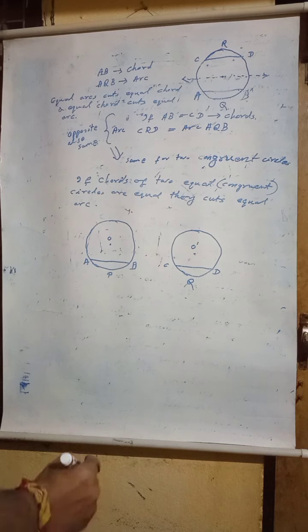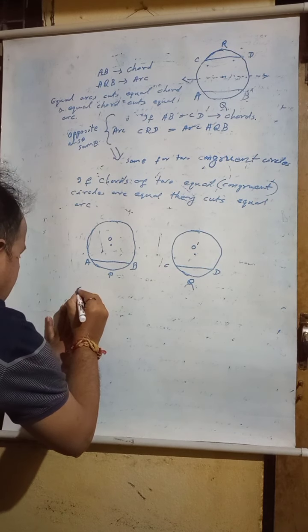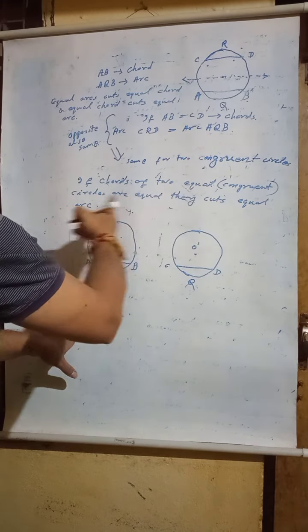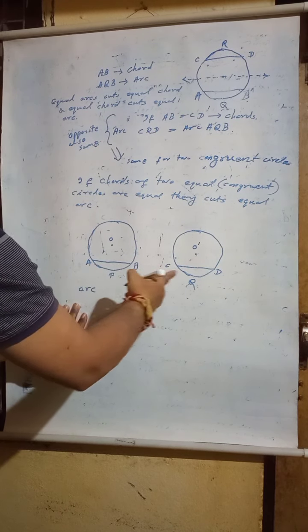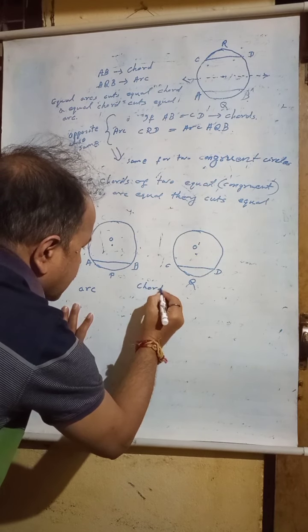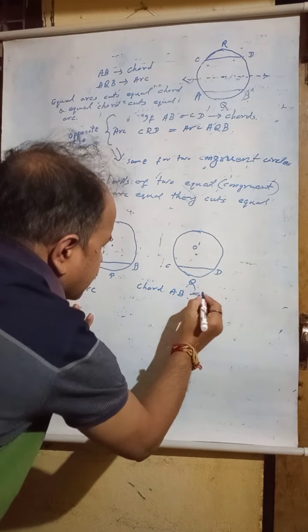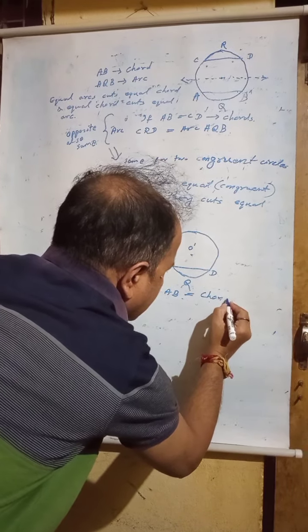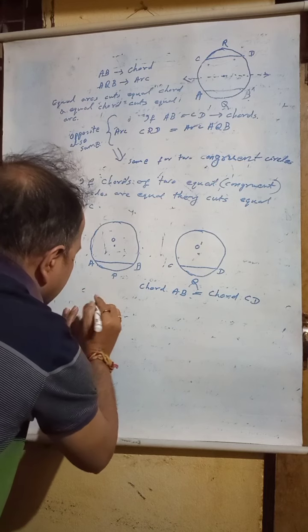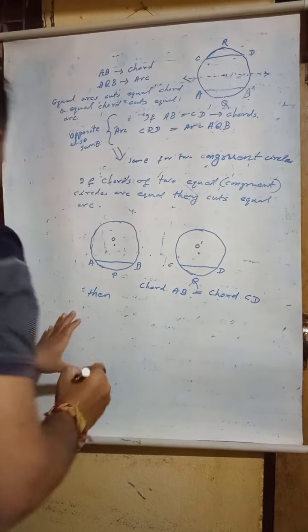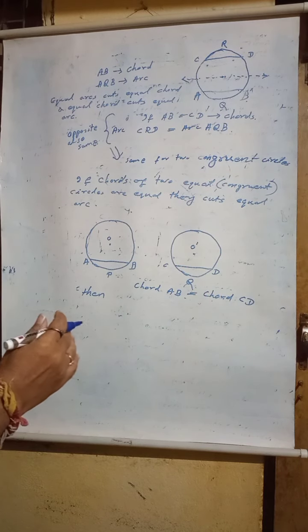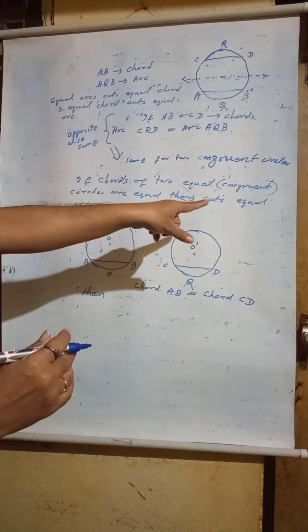So what is it saying? It is saying that if chords of two congruent circles are equal, chord AB equal to chord CD, then they cut equal arcs.